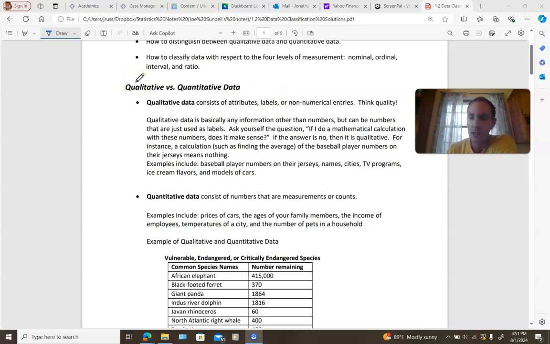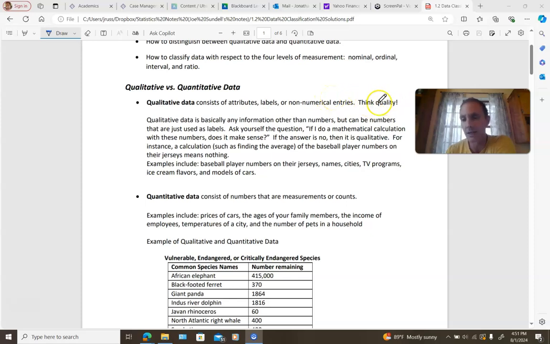The first is qualitative data. When I see qualitative data, guys, I think about the word quality. We're talking about something that is in most cases not numbers. For example, attributes, labels, or non-numerical entries.